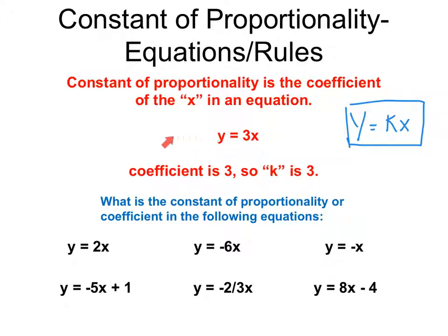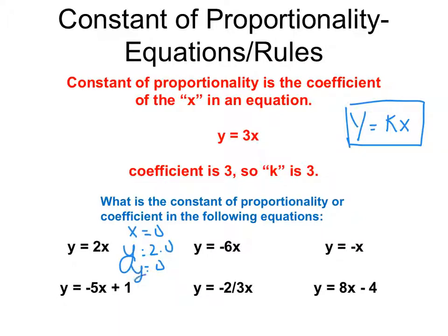So when I look down here at some of my examples, I have y is equal to 2x. So this looks like the direct variation equation, y is equal to kx, but you can also check it by saying, well, if in this case x was 0, y would equal 2 times 0, and 2 times 0 is 0.